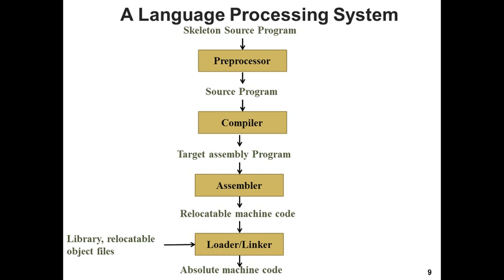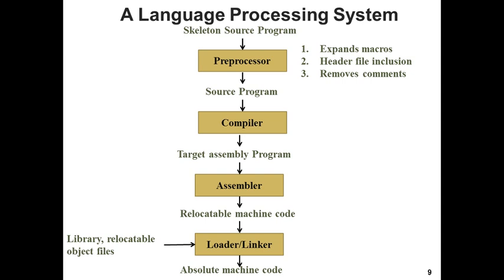Okay, so after the introduction of the compiler, let us see which are the cousins of compilers. Whenever we write any source program, that is known as a skeleton source program, and it is given to the preprocessor first. The job of the preprocessor is to expand the macros from the source program, to expand header file inclusion, that is, to include the contents of the header file, and to remove the comments.